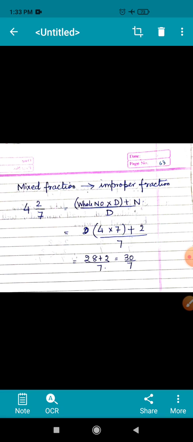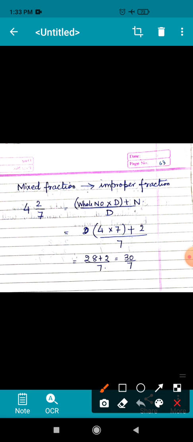And when we change this mixed fraction into an improper fraction, we have to learn this formula. What is the formula? Whole number multiplied by denominator plus numerator, divided by denominator. Children, place the value.